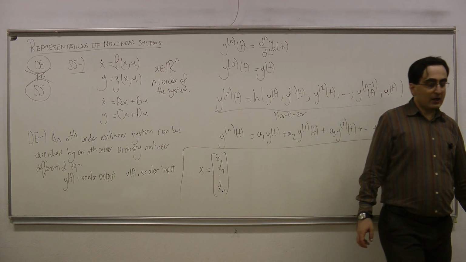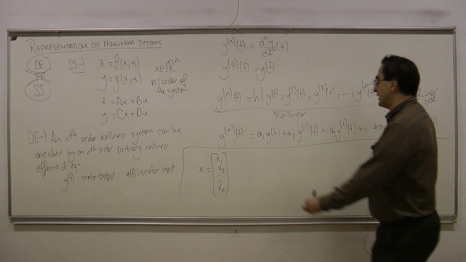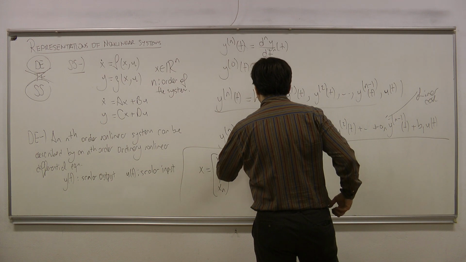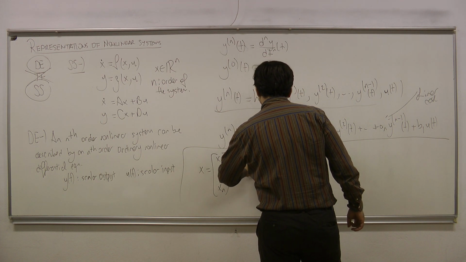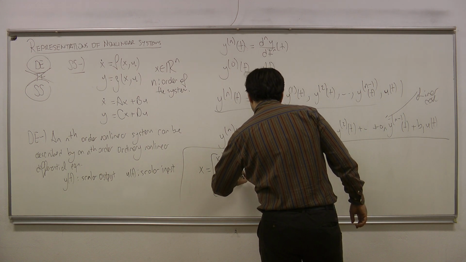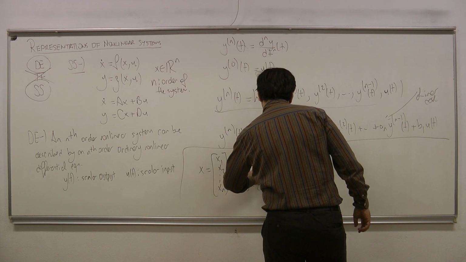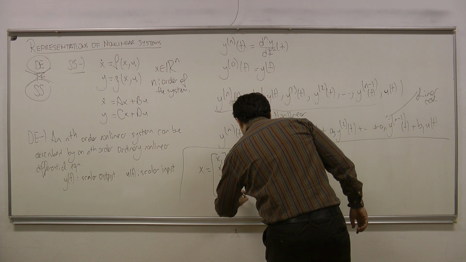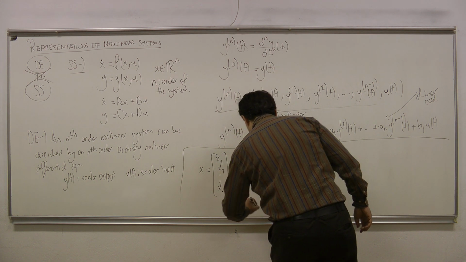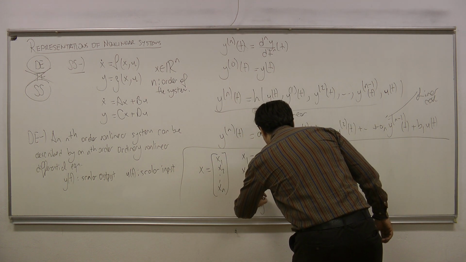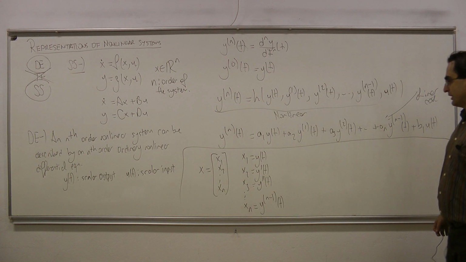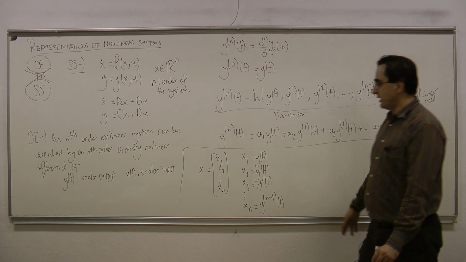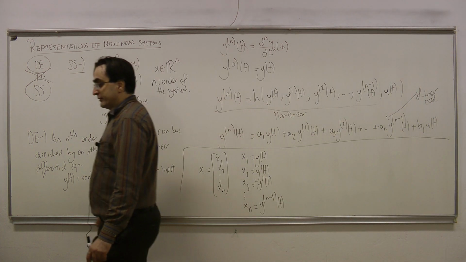And here I'm defining the following state variables. x1 is y of t, x2 is y prime of t, x3 is y double prime of t, and I can continue with these definitions until xn, the n minus first order derivative of y. Okay? So these are my state variable definitions.